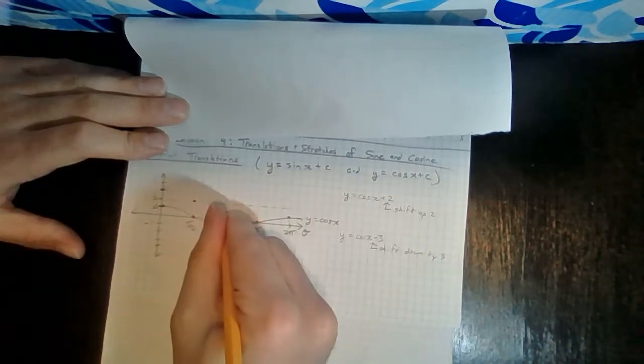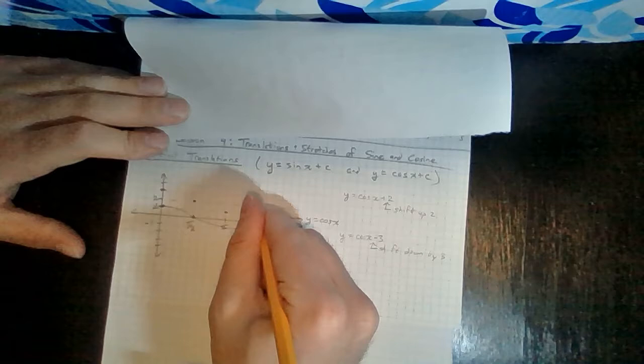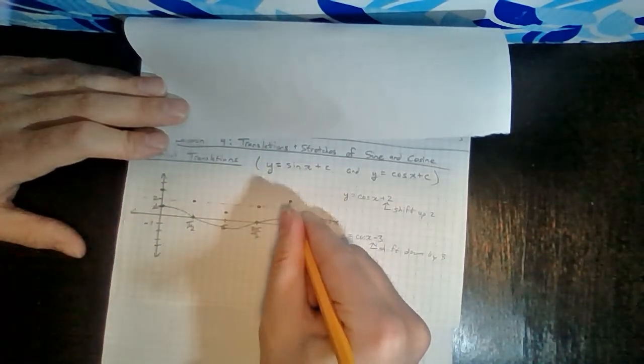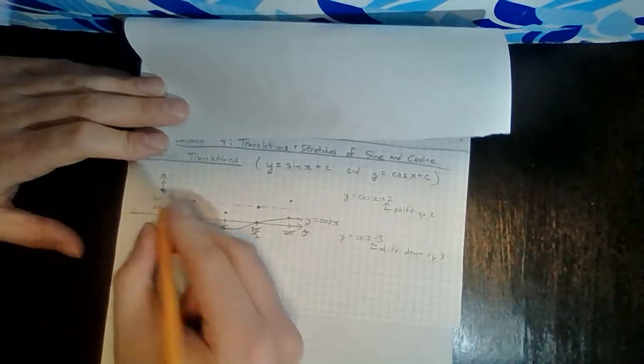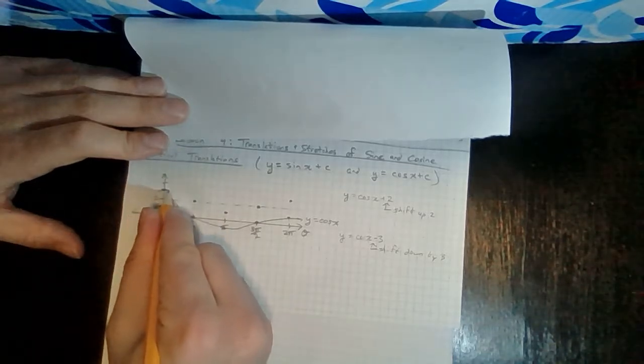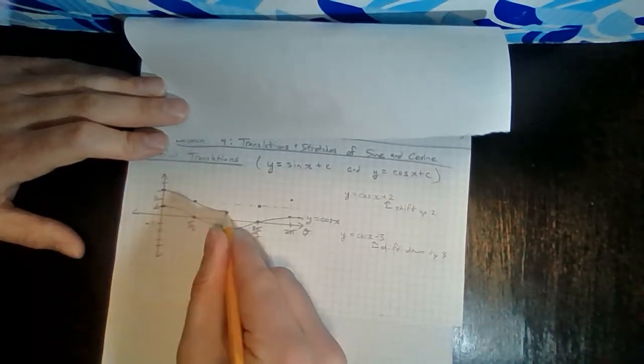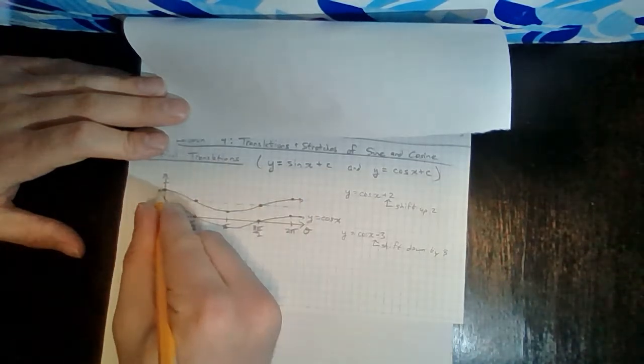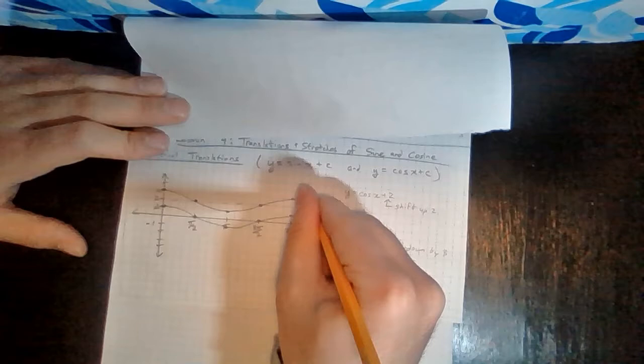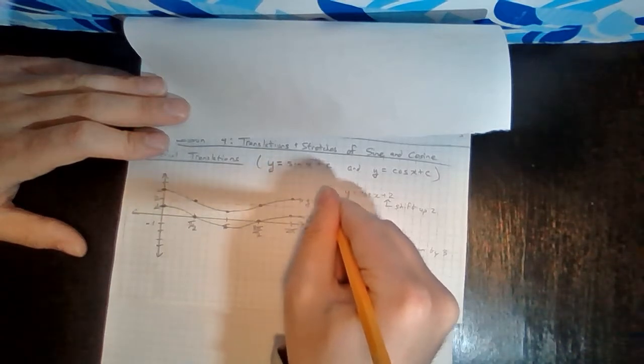We go 1 below, back to our axis of symmetry, then back to our maximum value 1 above. So that is our y equals cosine of x plus 2.